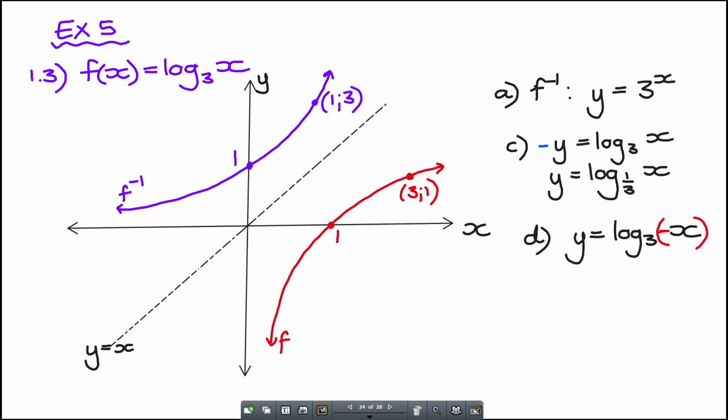En dan moet jy net sê, x moet wees kleiner as 0. Alright. Any questions? Can I skip? Can I go on to the next one? Anyone still copying? Good.